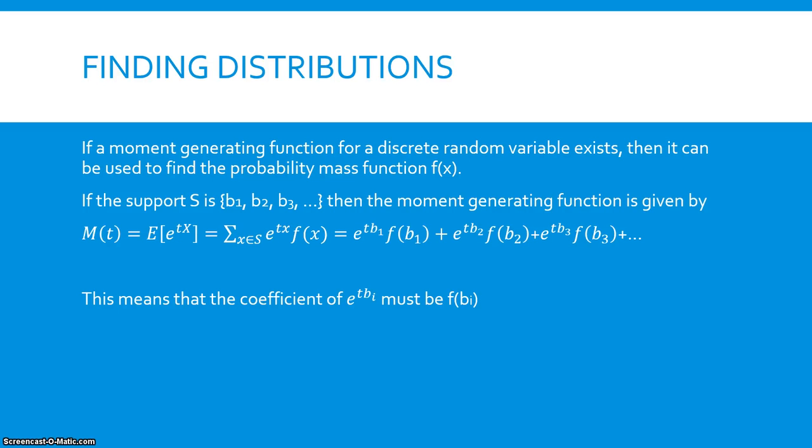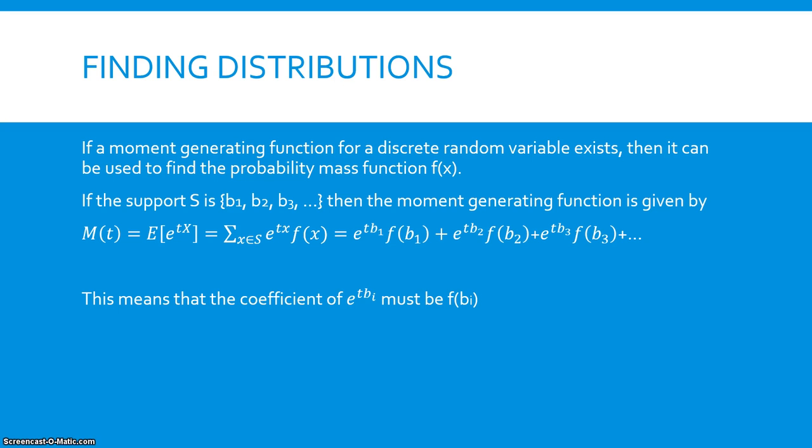If the support S is the values b1, b2, b3, and so on, then the moment generating function, because it's the expected value of e raised to the t times x power, and we're summing over all the values of x in the support, is going to be e raised to the t times b1 power times f of b1, plus e raised to the t times b2 power times f of b2, and so on.